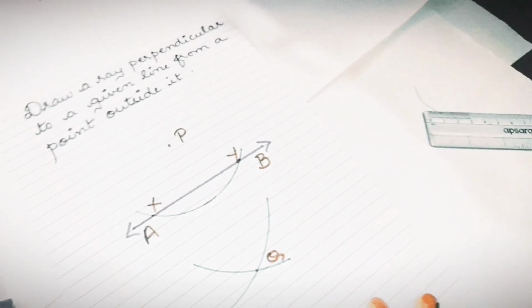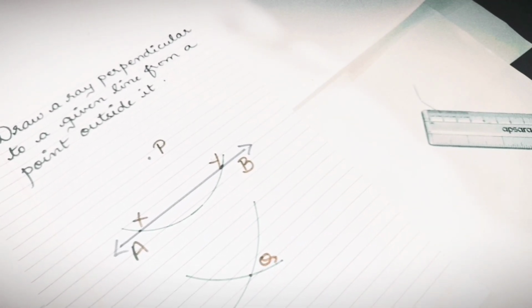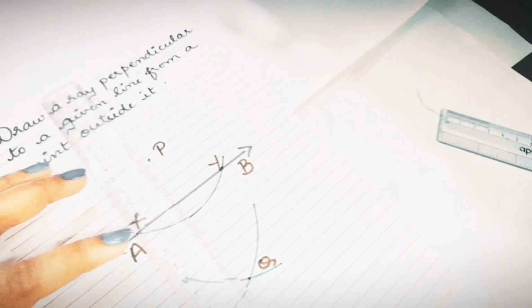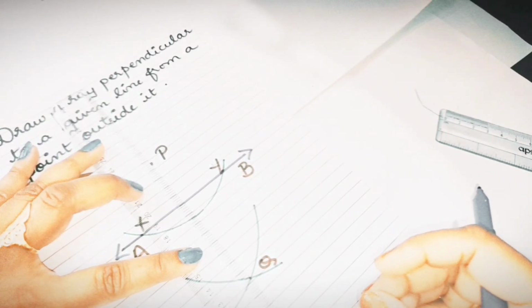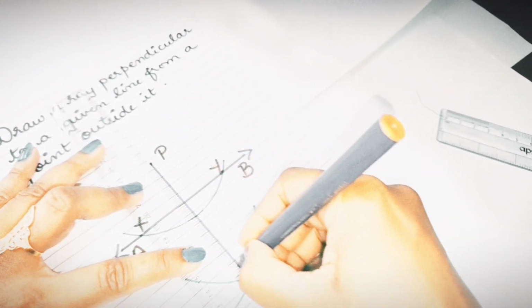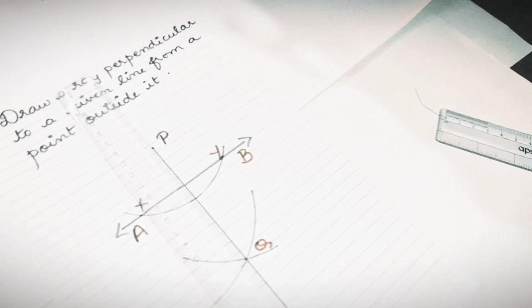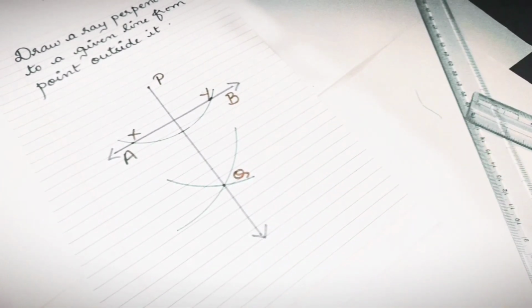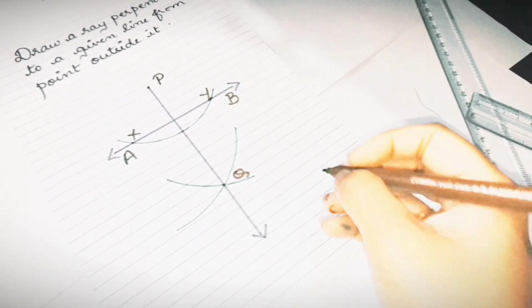Now let Q be the meeting point of these arcs. Let us now join P and Q. So we draw a ray through P and Q, and let us name that ray as PR.